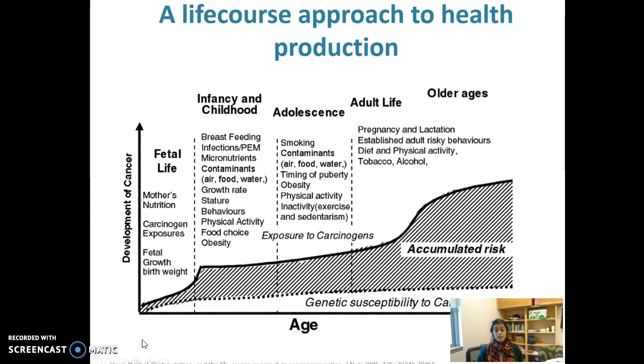So just a deeper look at the life course approach to health production. In the context of, say, any disease, we can choose cancer. We look at fetal life, which would be the mother's nutrition, carcinogen exposures, so maybe eating something toxic or taking a medication, fetal growth, birth weight.